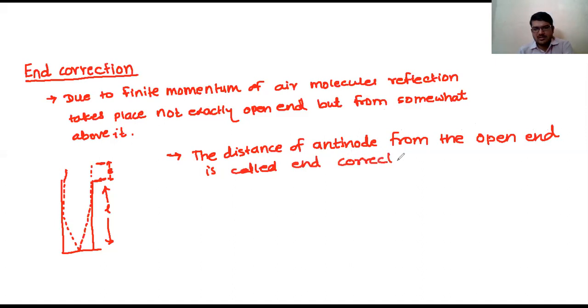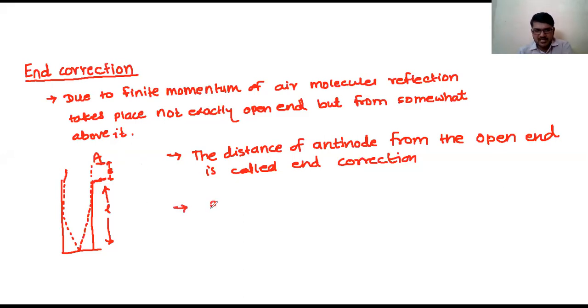Meaning, here this is where the pipe ends. So from here to here, this is the antinode point. So from this point to the pipe end, whatever the distance is, that is called end correction.